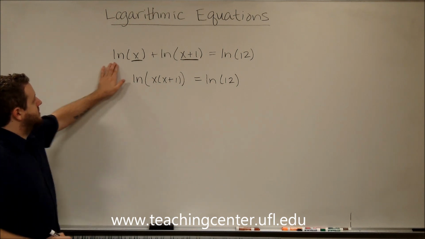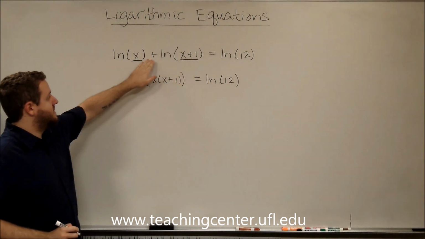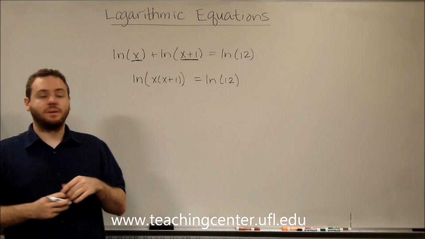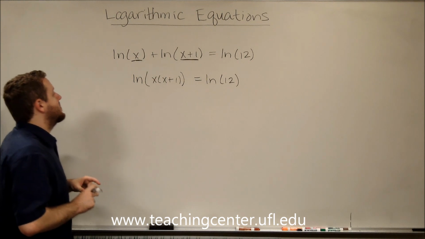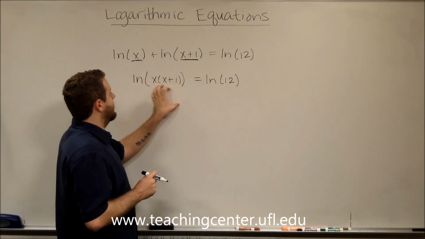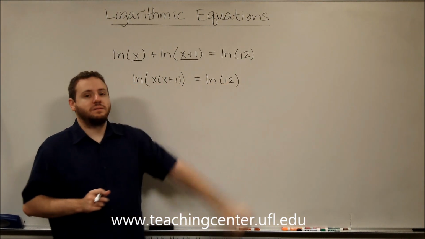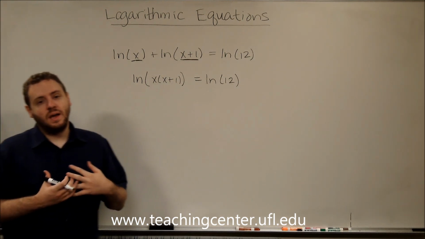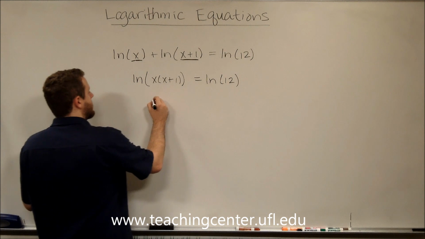Like I said, I combined these two into one log because it was addition. You multiply those two things. If it was subtraction, you would have divided them. Now, since both sides are a log, ln of something equals ln of something else, those inside quantities must be equal, and we can get rid of the natural logs.